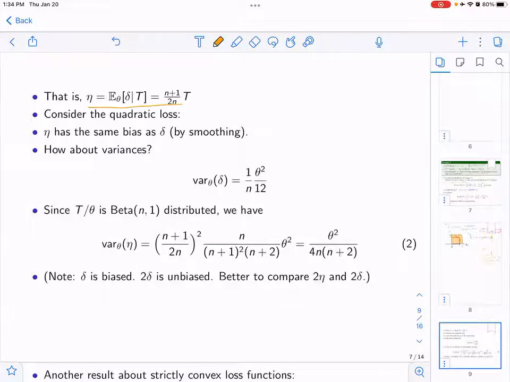Anyone knows why? So the Rao-Blackwellized estimator will have the same bias as the original estimator. Anyone? Tower property, yeah. If you take the expectation of both sides, you'd see that the expectations of the two estimators are the same by the tower property. So the bias is the same.